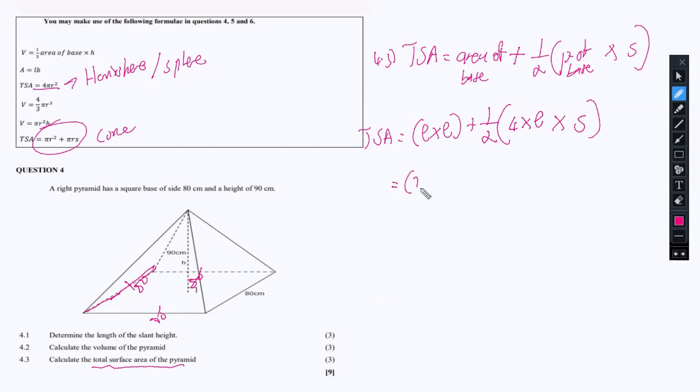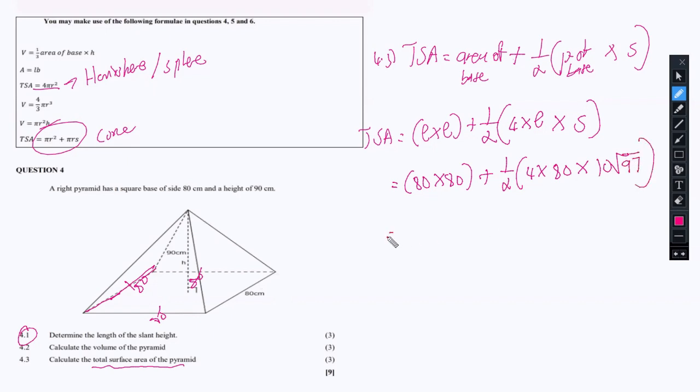Now the length is 80, so we are going to say 80 times 80 plus half, and then 4 times the length, 80, then multiply that by the slant height. The slant height is the one that we calculated in 4.1, which gave us 10 root 97.